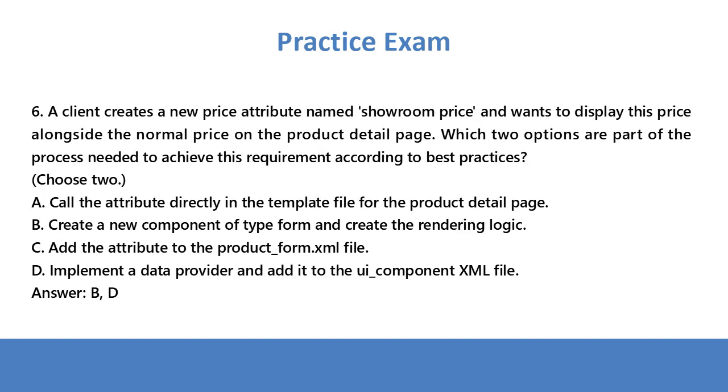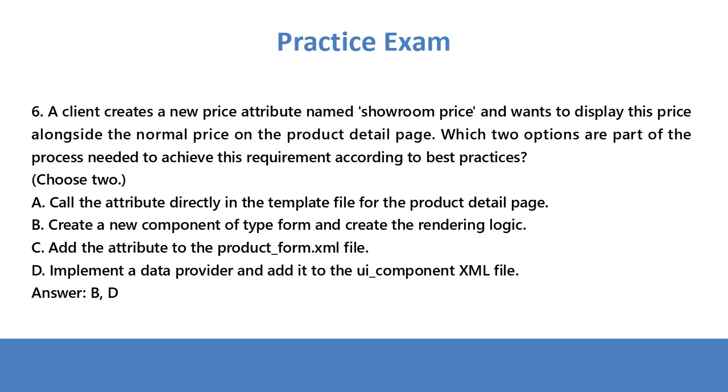6. A client creates a new price attribute named showroom_price and wants to display this price alongside the normal price on the product detail page. Which two options are part of the process needed to achieve this requirement according to best practices? Choose 2. A. Call the attribute directly in the template file for the product detail page.